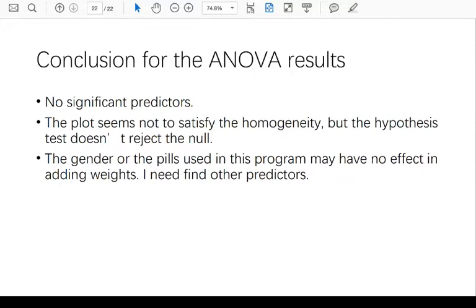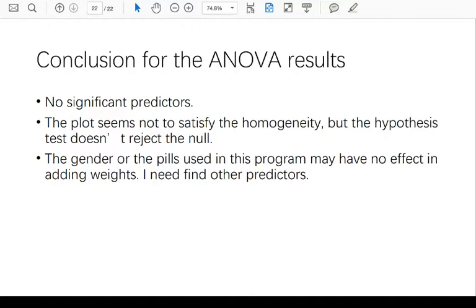Maybe there's a problem, but the hypothesis test doesn't think so. The other diagnostics of this ANOVA seem to have no problems. So maybe the predictors I chose, gender and pills, don't have effects on weight increase, and I need to find other predictors that can predict the outcomes.